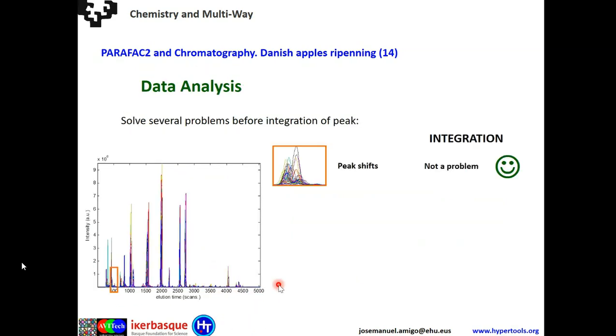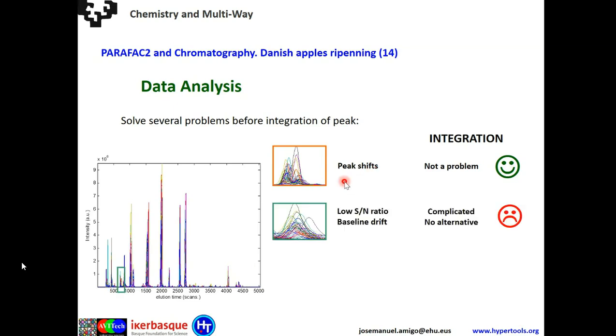Okay, but what happens with these minor components is that sometimes it's difficult to integrate them, to see them. So we can have peak shifting problems. Okay, we will have low signal-to-noise ratio problems, and also we will have baseline problems.